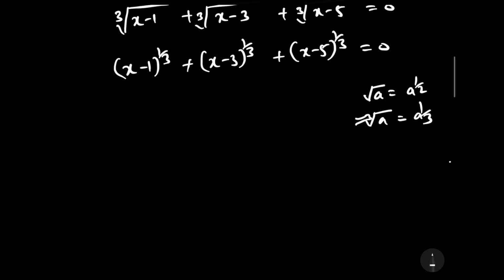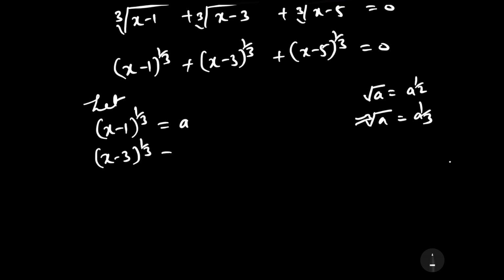Now let us consider (x minus 1) to the power 1 by 3 as a, (x minus 3) to the power 1 by 3 as b, and (x minus 5) to the power 1 by 3 as c.